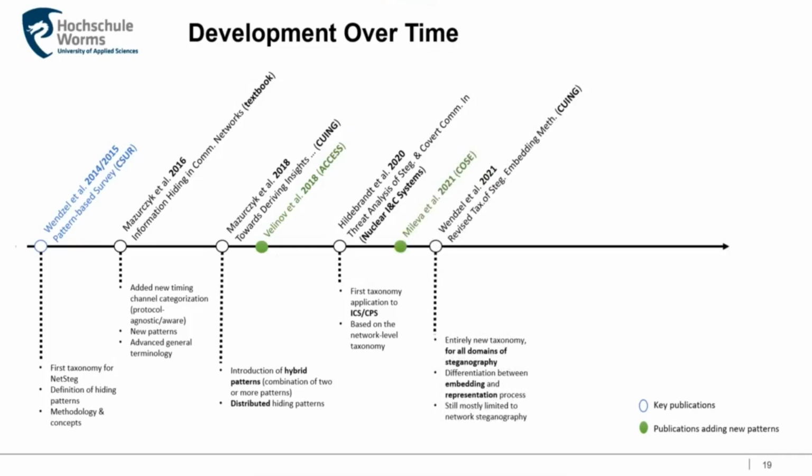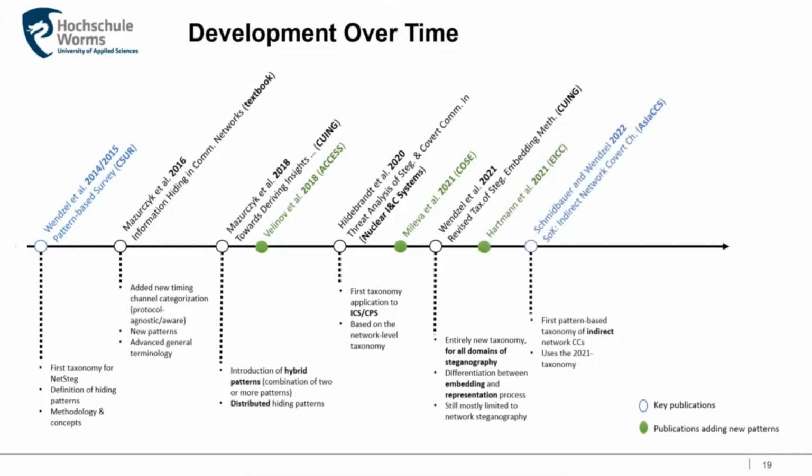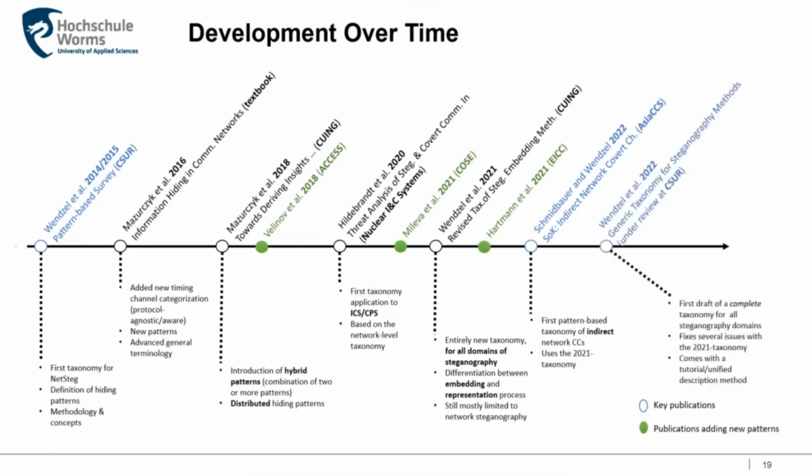We are now 12 people from 7 institutions, and we had a revised taxonomy in 21, and last year one for just side channels and indirect channels at Asia CCS, and since last year we have the more or less final revision of the taxonomy for steganography under review.